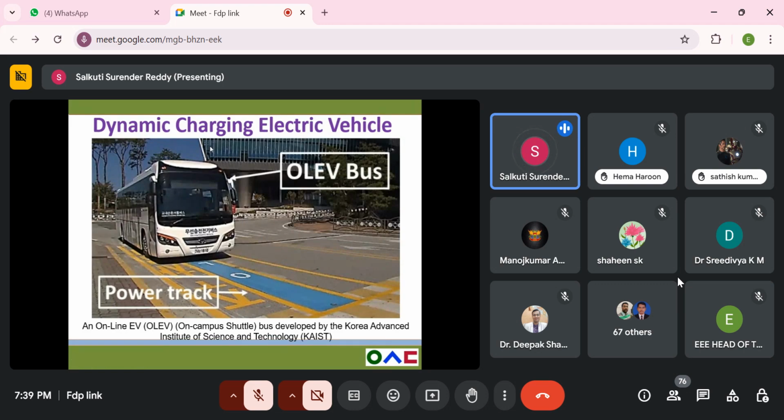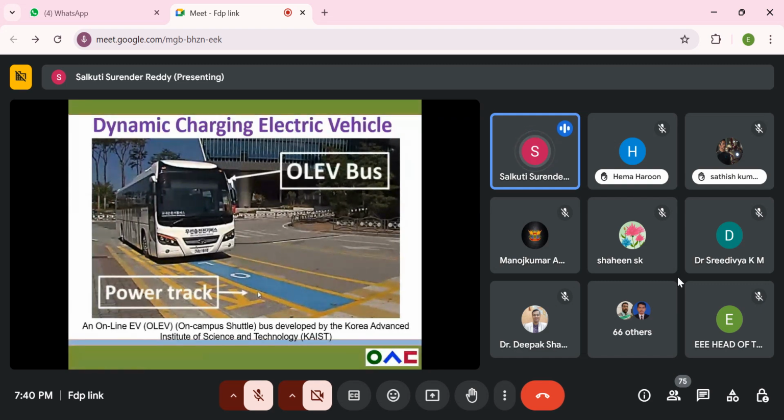The main problem with electric vehicles is the charging, the charging times. To overcome this charging problem, we can use dynamic charging of electric vehicles, where once the vehicle travels on this road, this power track, the vehicle is going to be charged automatically.